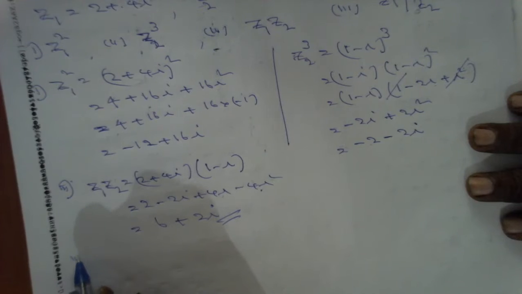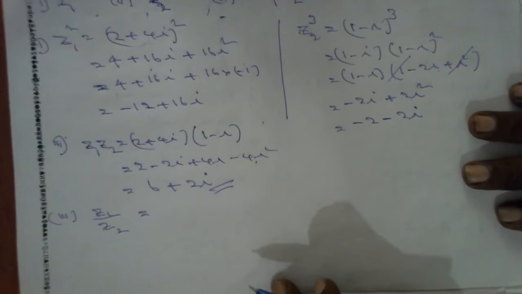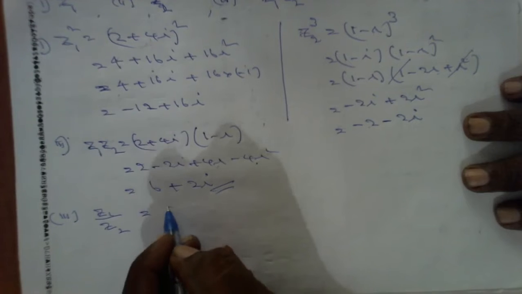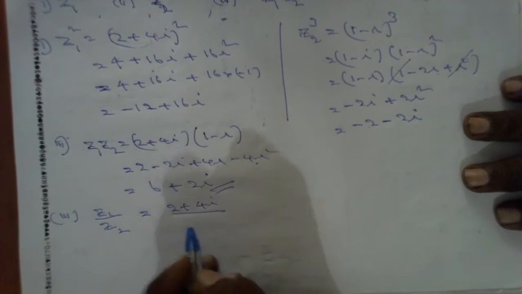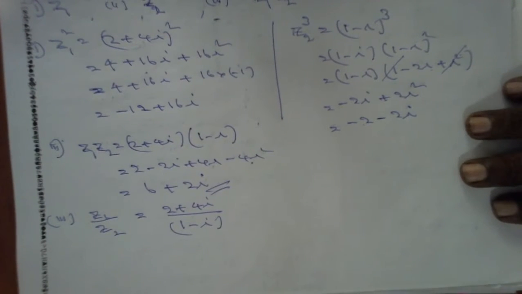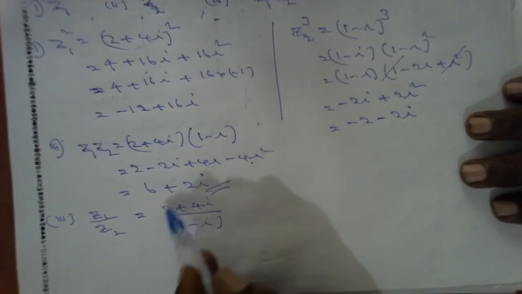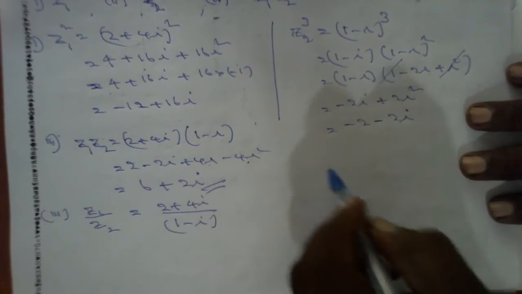Then part 3, C1 over C2. How do you simplify C1 over C2? 2 plus 4i over 1 minus i. So try to express this complex number in the form of a plus ib, right?